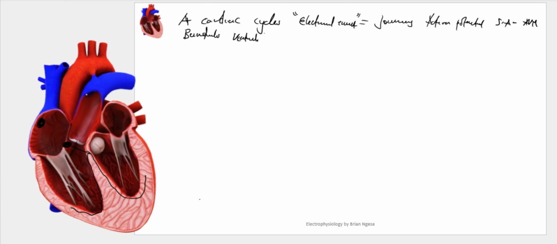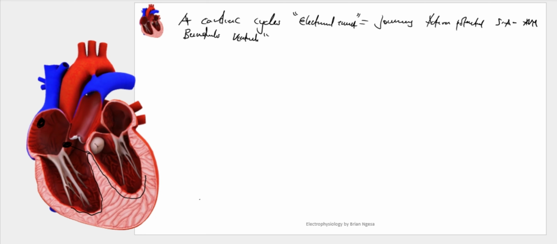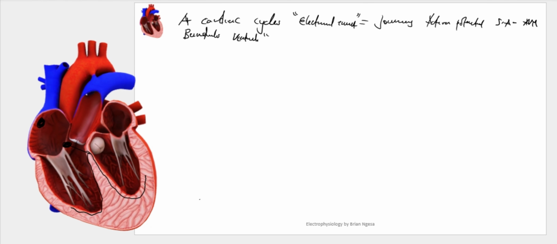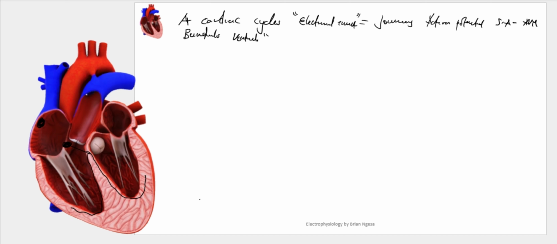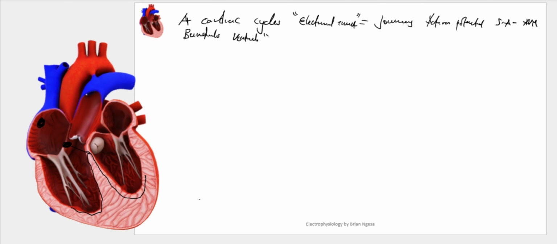So this electrical journey is what we want to represent in our ECG, and the same can be represented by every type of lead, from lead 1, lead 2, lead 3, the bipolar, the augmented, and also the unipolar. But what we've chosen as a demonstration is just lead 2.